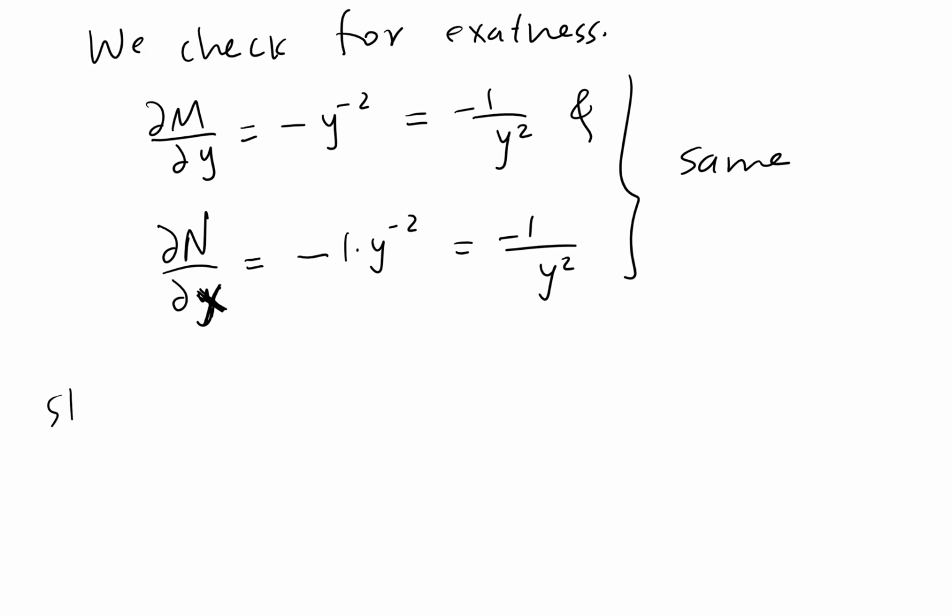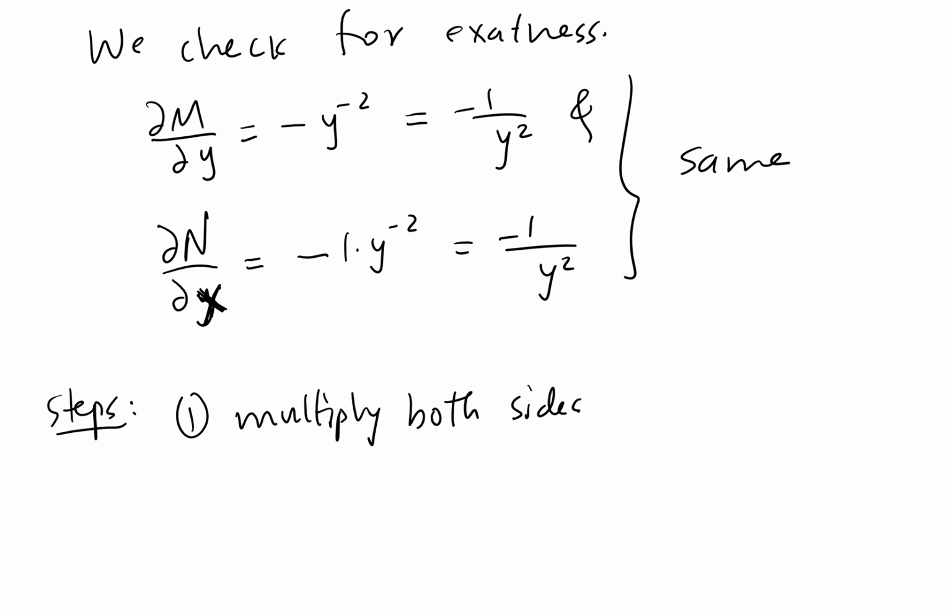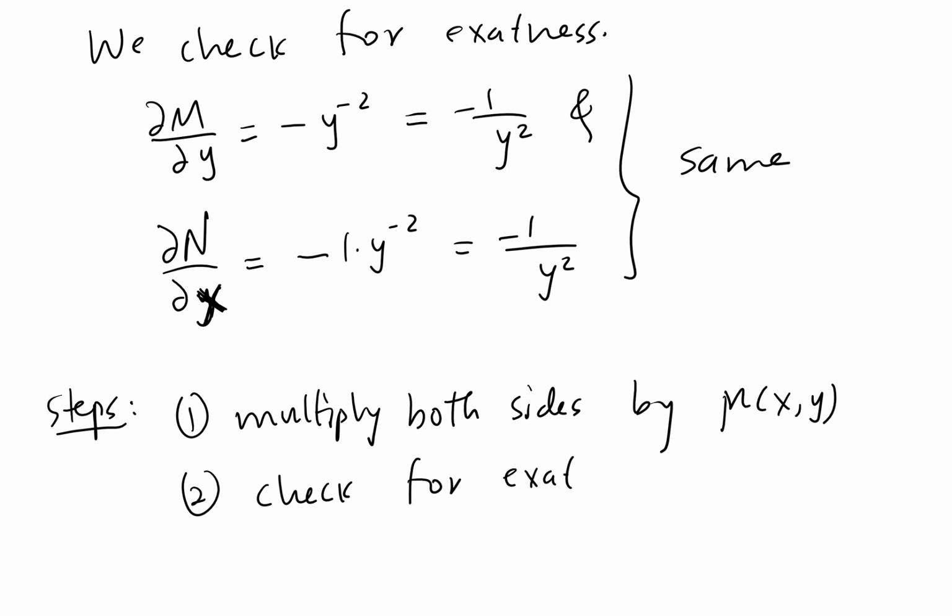So the steps: first multiply both sides of the equation by the integrating factor, mu xy. Check for exactness, then solve.